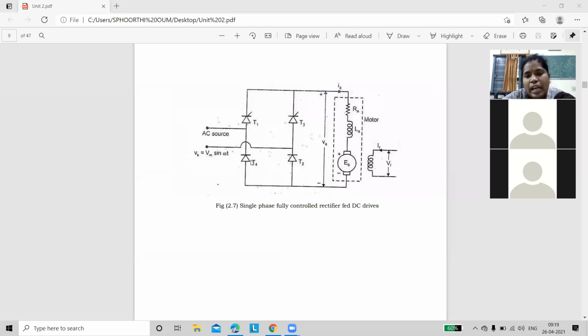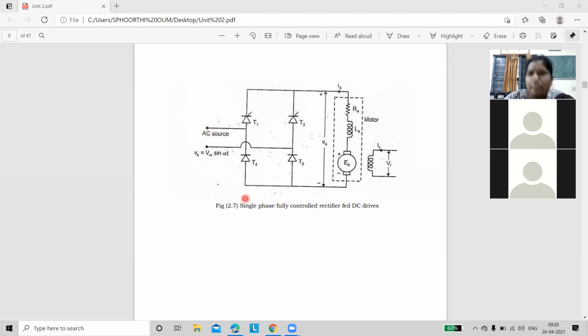And the current flowing path is supply voltage, T3, through the motor, that is the load, and T4. That means supply voltage, T3, our motor, and back to this AC source.